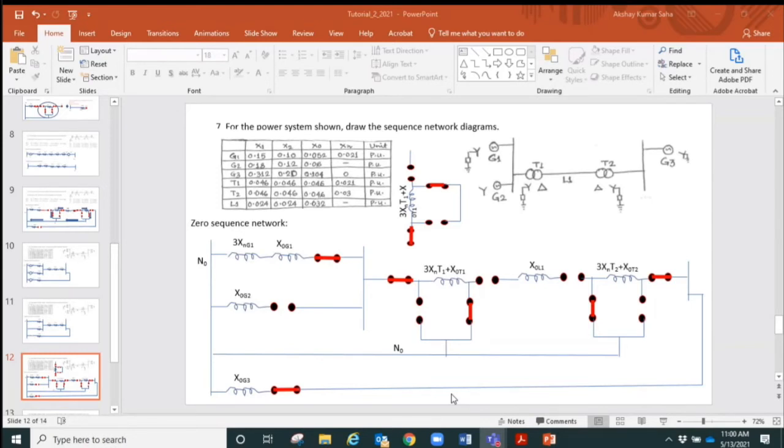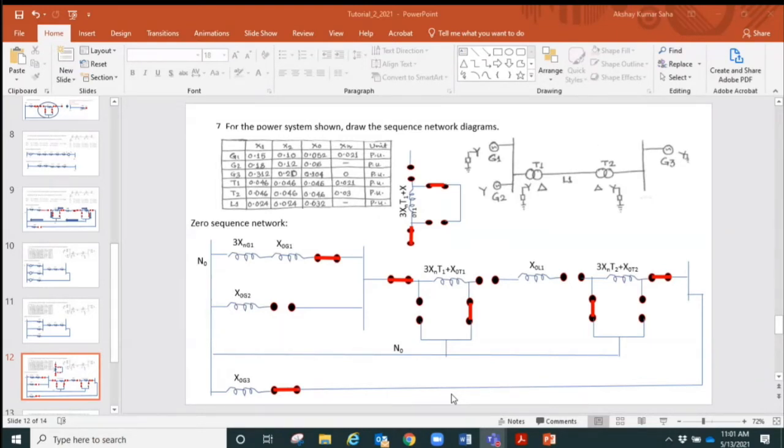Is that okay with everyone? Let me give you 1 minute to absorb this section, what we have done with this one.